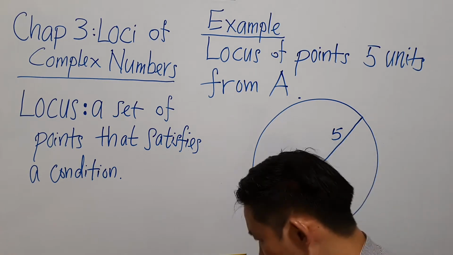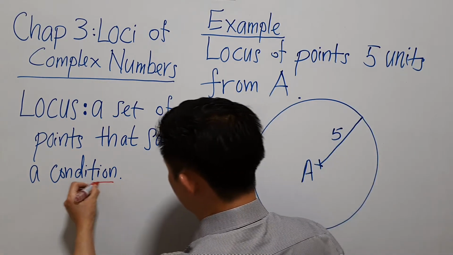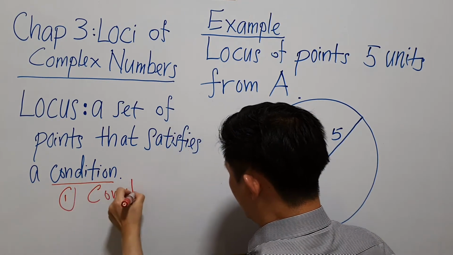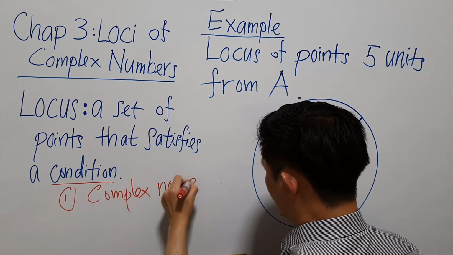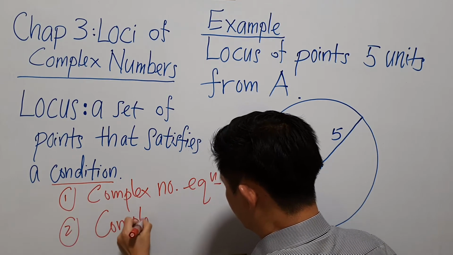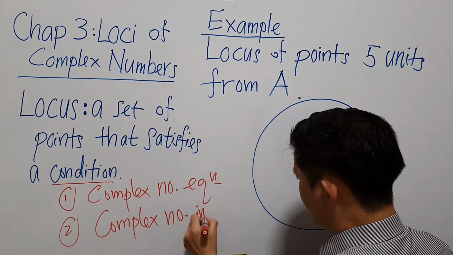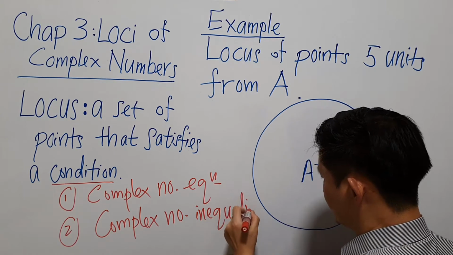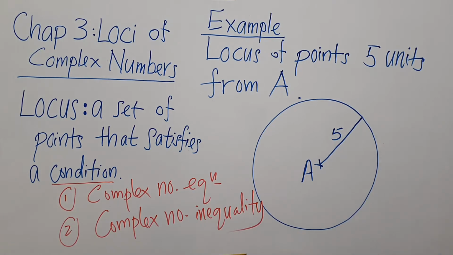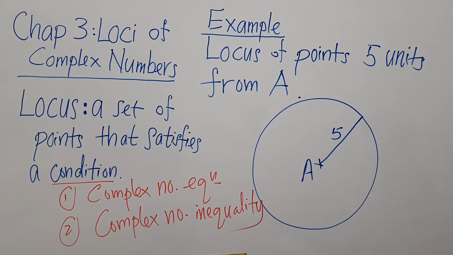But in our chapter, the condition will always be in the form of what is called a complex number equation, or in the form of a complex number inequality. So in this chapter, we are studying the same thing, a set of points that satisfy a condition. And our condition comes in these two forms, either in the form of a complex number equation or an inequality.